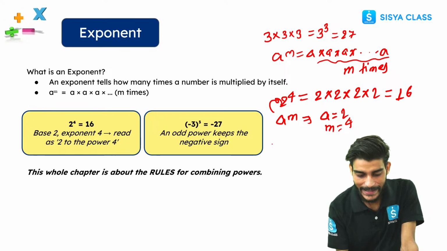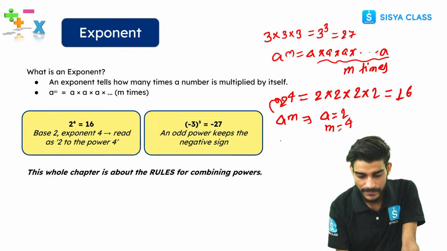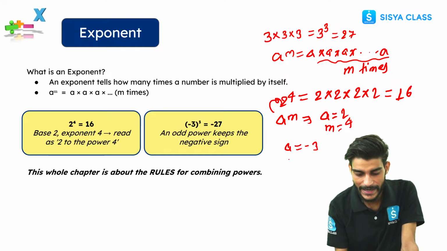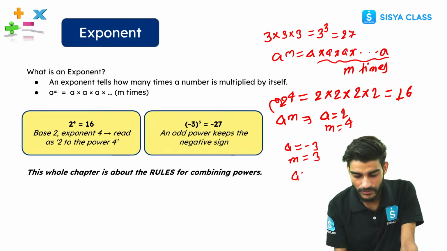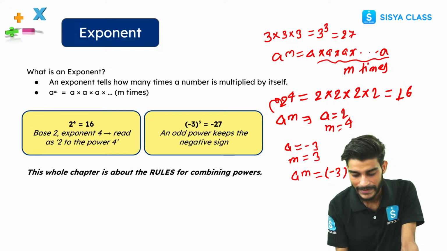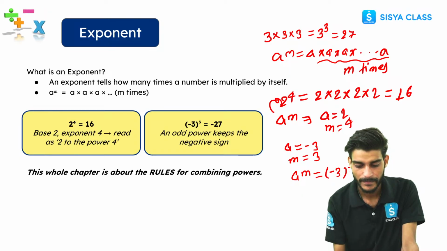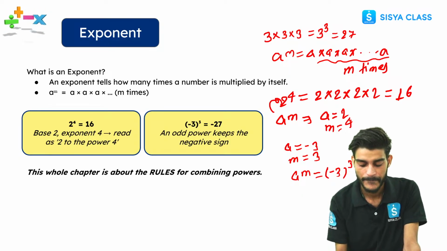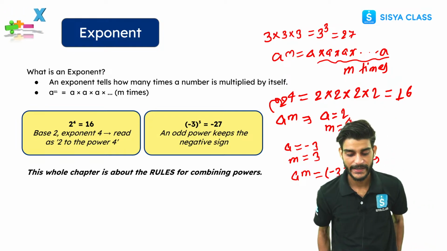Suppose I take a equals -3 and m equals 3. What is a raised to the power m? It means -3 raised to the power 3. Is it positive or negative? Tell me.